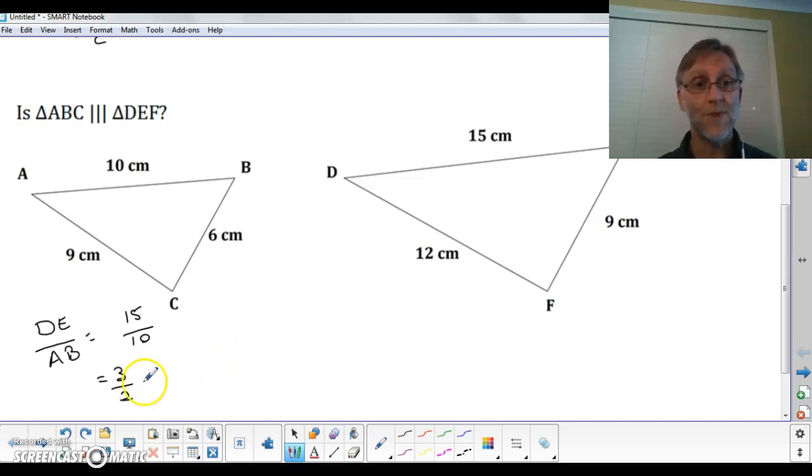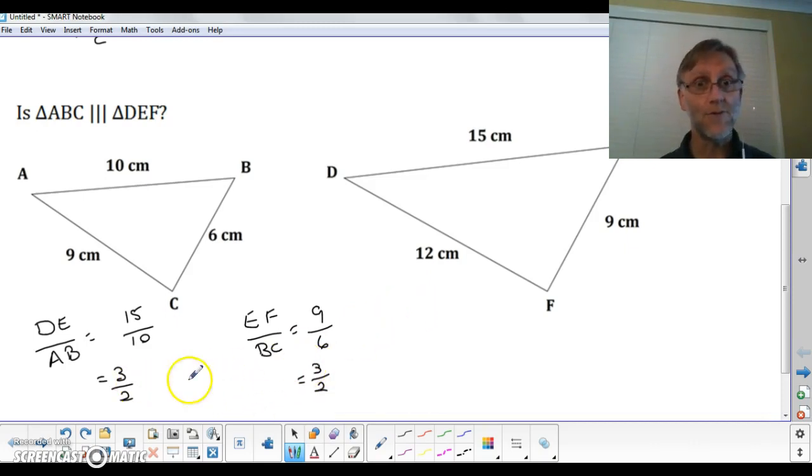I'm not fussy, but I'm a mathematician, so I'm going to stick with the fractions. Now, what about EF and BC? Does that give us the same scale factor? EF is 9 and BC is 6, and that simplifies to 3 over 2. You could write 1.5, I don't mind.